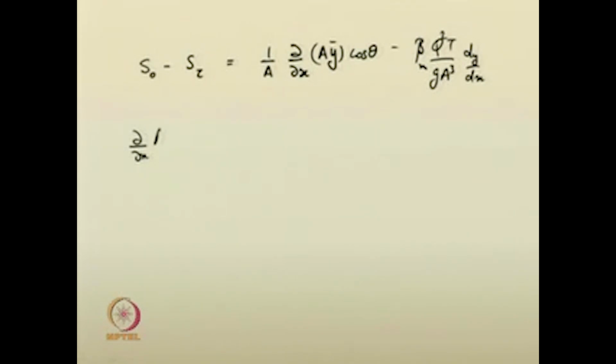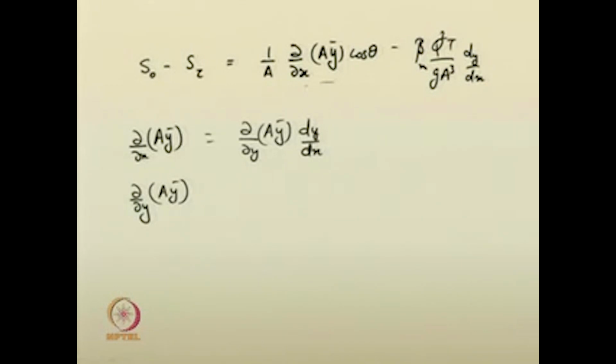Let us see what is the term dou by dou x of A y bar, this particular term. I can now write this as dou by dou y of A y bar into dy by dx, the differentiation rule. Dou by dou y of A y bar, what could it be? As we mentioned earlier also, this is the moment of area with respect to the water surface.